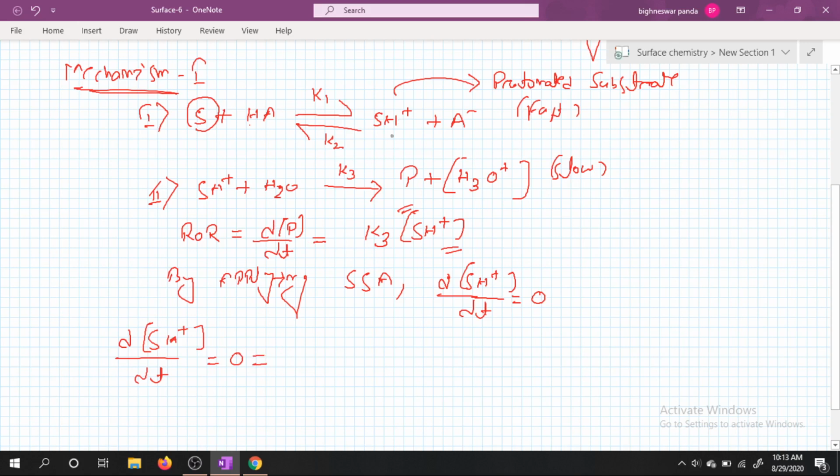So the total change in concentration I can write: for the forward reaction it is K1 S HA, for the backward reaction I can write K2 SH plus A minus, and for this reaction, since SH plus is the reactant, I can write K3 SH plus.